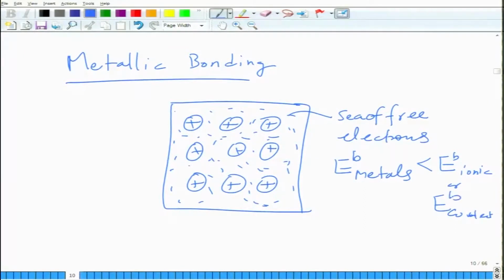It is not always true, but in most cases it is true. Metals have lower bond energy as compared to ceramics, which are ionically and covalently bonded, but the metallic bond is fairly strong, it is not very weak, it is very strong as compared to secondary bonds, and this is typically the bonding in metals and their alloys.